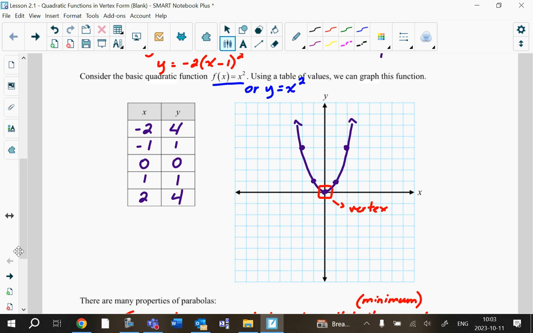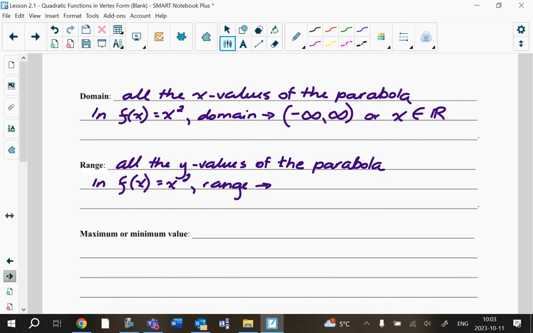Infinity, because it goes up forever. So therefore, the range would go from 0 to infinity, always parentheses around the infinity or negative infinity symbols, and a bracket around the 0, because that means we're including 0 in the range.